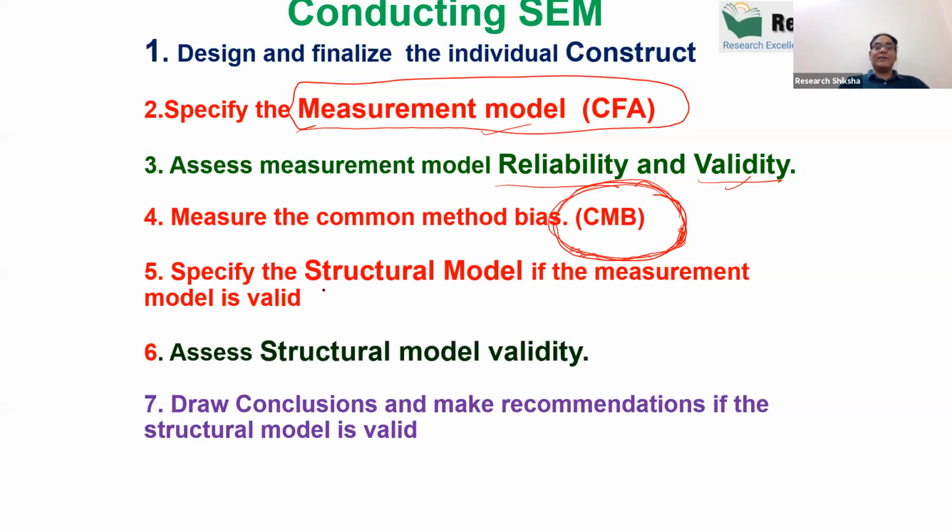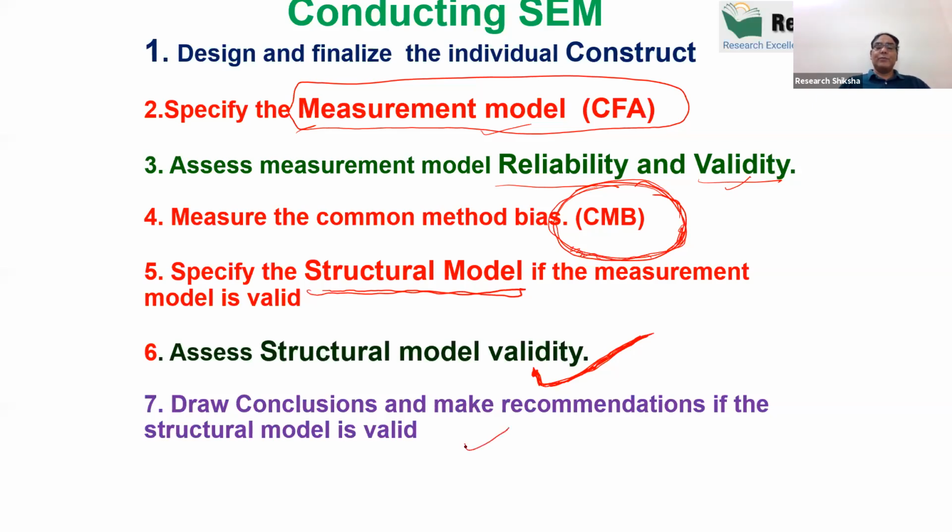Then we examine the structural model and do the hypothesis testing. And then we go for structural model validity, meaning whether the theory is supported by the model or not. This kind of validity is known as nomological validity. After analyzing the structural equation model, we have to test whether the theory is supported by our model or not.